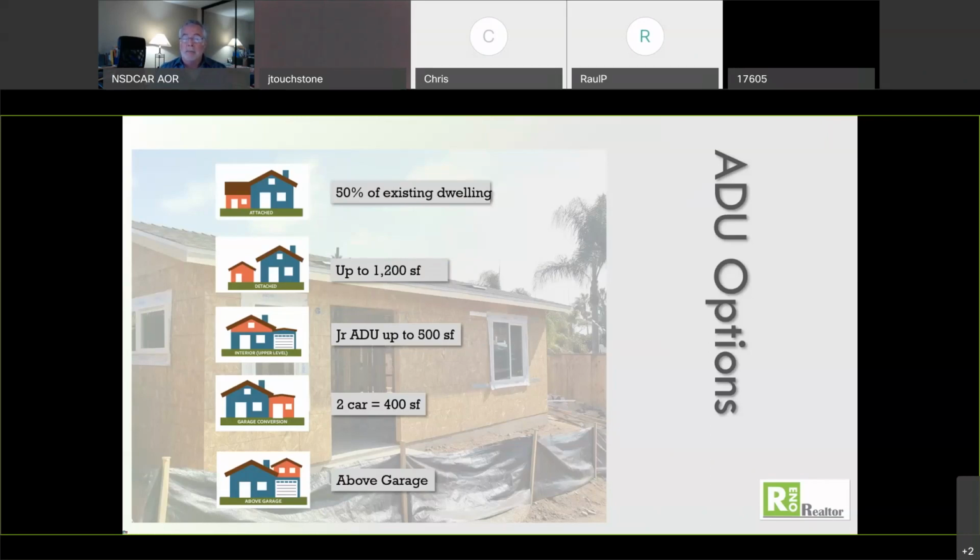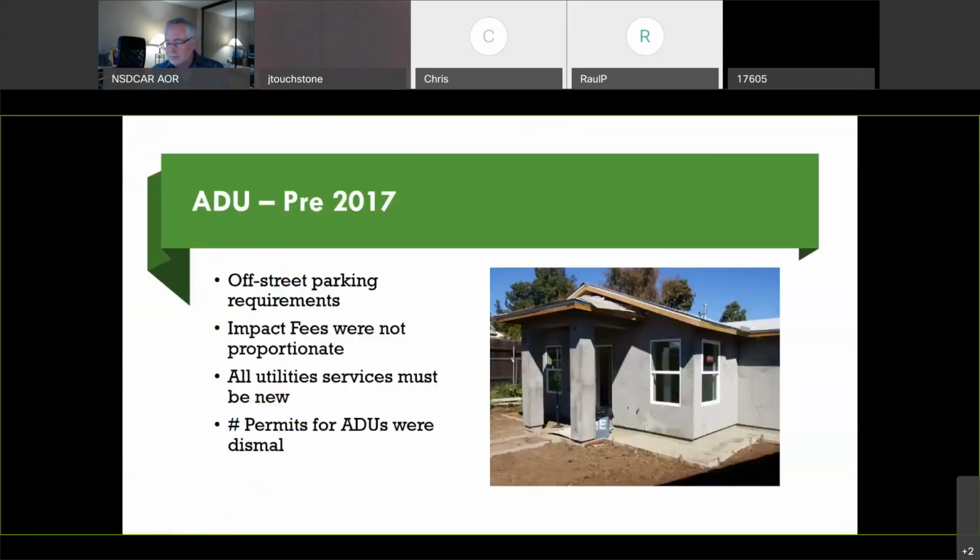And that's really been a big driver in the marketplace. So I always like to say, when you see the options that we have in front of us here, we can usually do something. We don't necessarily need a big lot in order to create a secondary unit. We have a lot of these options available to us.